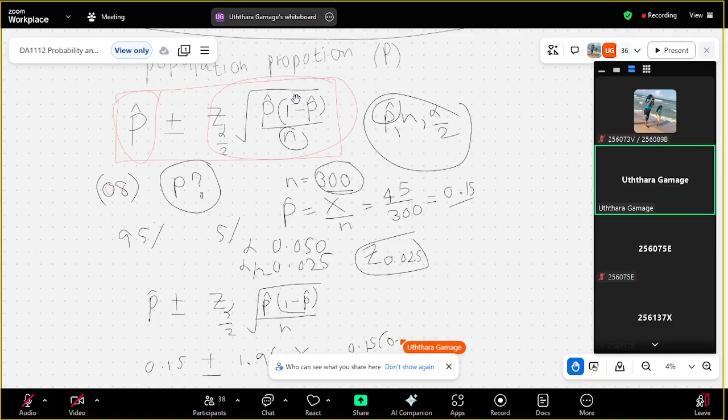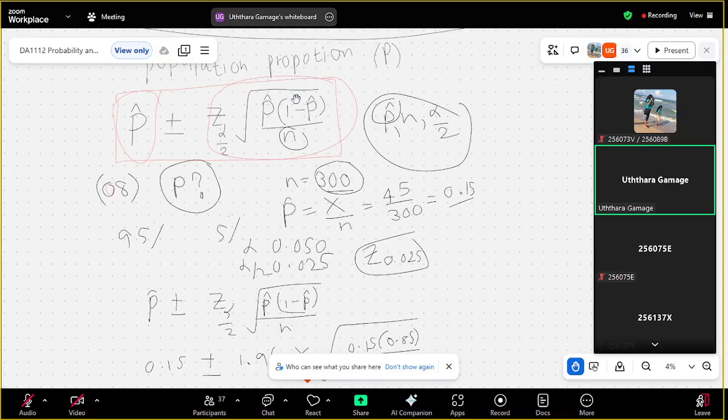It's 0.85, right? N was 300 here. And the square root of that, right? So 0.15. The rest is calculation, right? 0.0404. Or you can just write 0.041, three decimal places is enough, right?